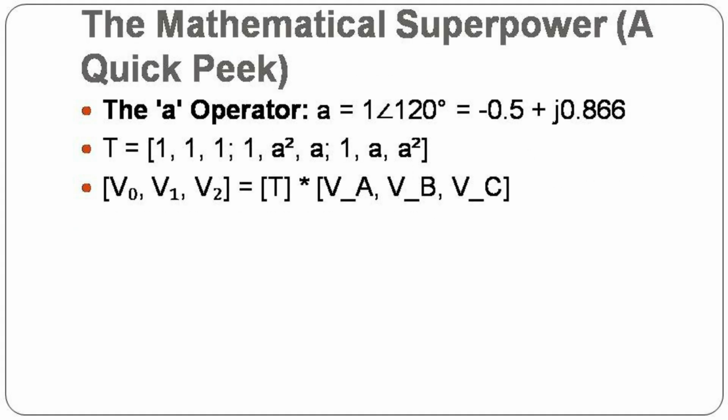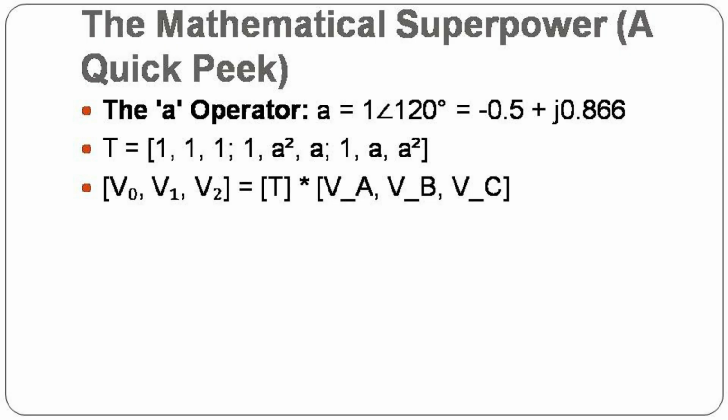Now, how do we actually find these components? Well, we do have a formula for this, and it's in the form of matrices. I'm not going to go over how to solve this formula, but the formula is essentially V0, V1, V2 equals the matrix T multiplied by the matrix VA, VB, VC.